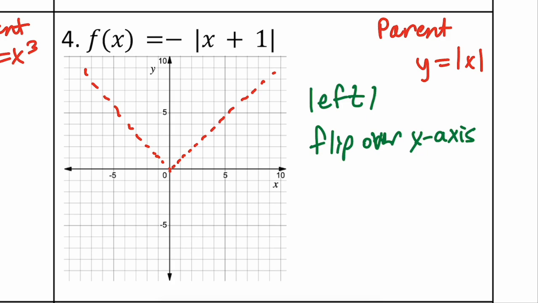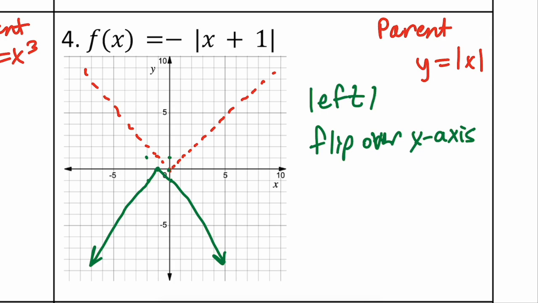So that 0, 0 point, let's move it to the left 1. That 1, 1, and negative 1, 1, we're going to first point it up. So that would be if it just had a plus 1 there. But it's got that negative in front. So now let's point it downward. So our V has moved to the left 1 and flipped over the x-axis.